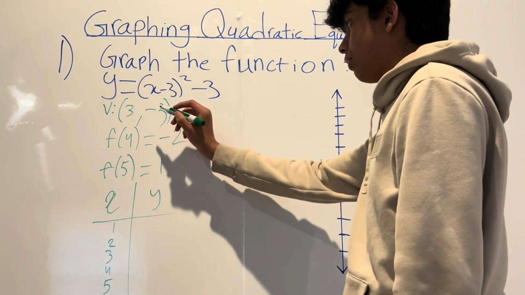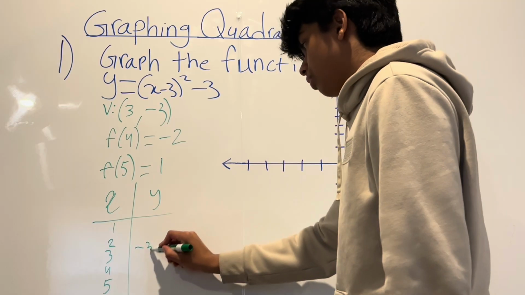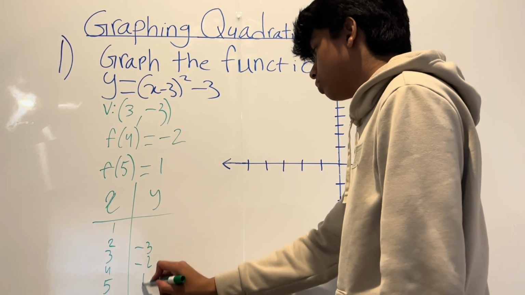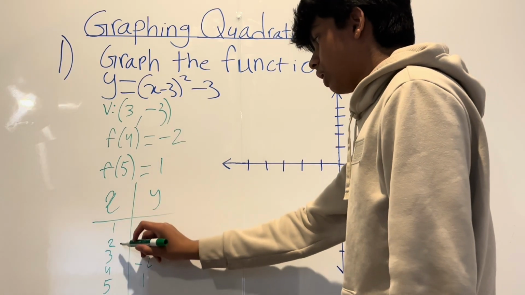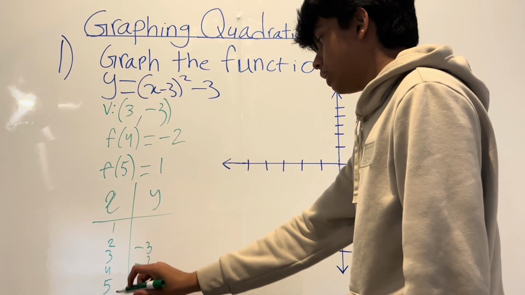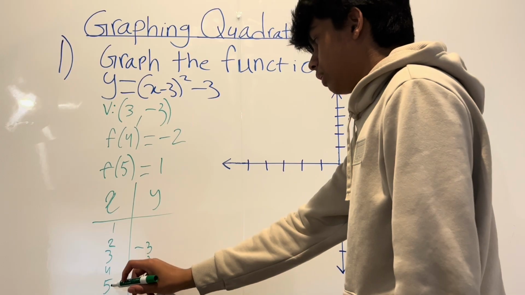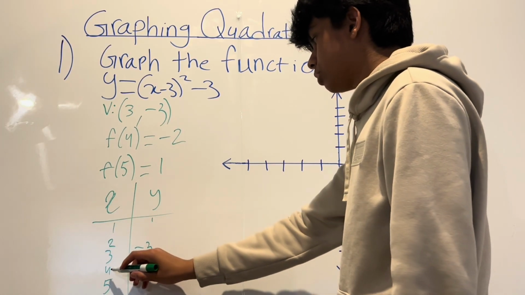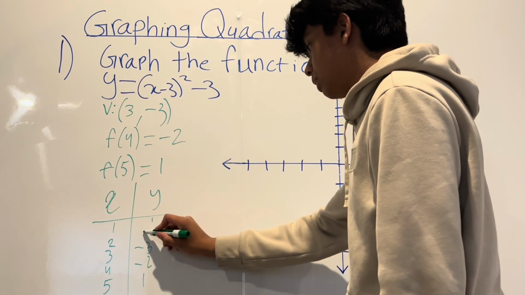So we know that for 3, it's going to be negative 3, and we calculated for 4, it's negative 2, and for 5, it's 1. And now these are going to be the exact same as these. So the point that corresponds with 5 is 1, and the point that corresponds with 4 is 2. So this is going to be negative 2.